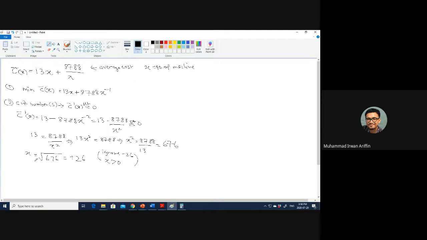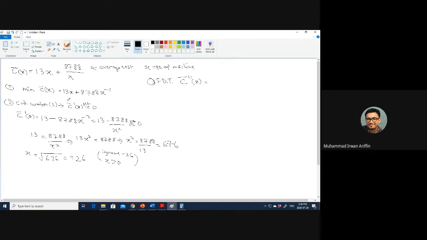And now step number 3, we need to use the second derivative test to identify the nature of this critical point, to check whether this critical number is a minimum or a maximum. To do this, we need to find the second derivative.